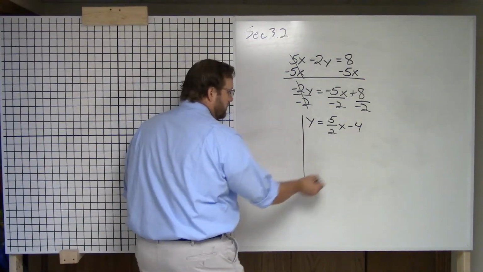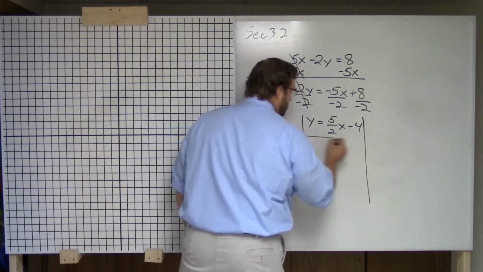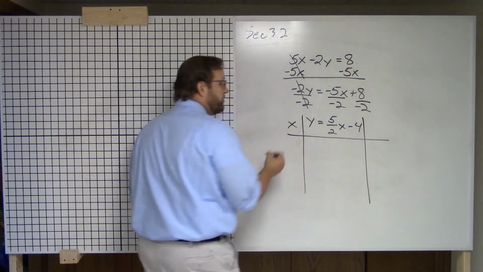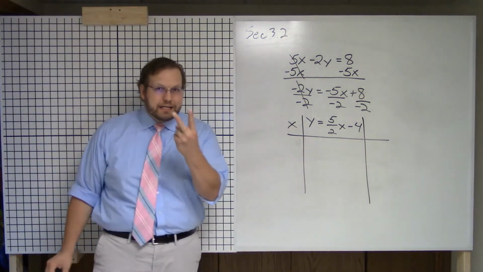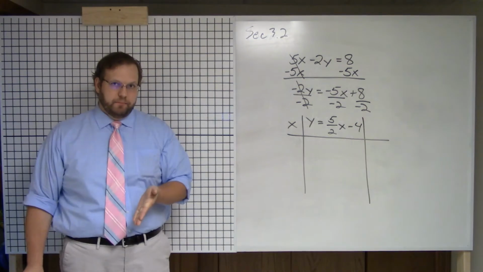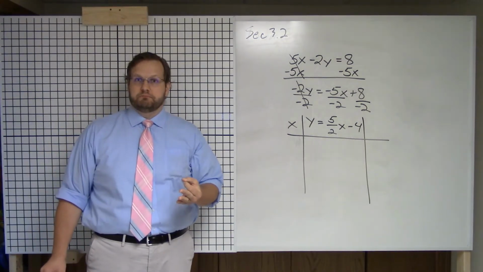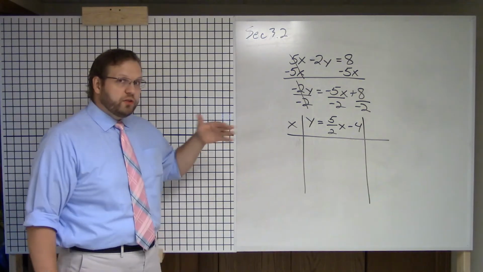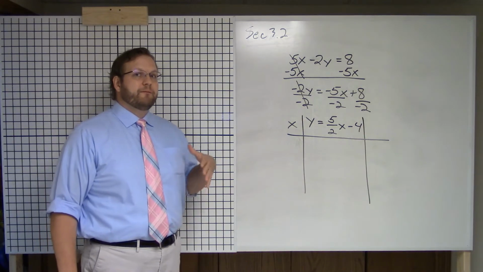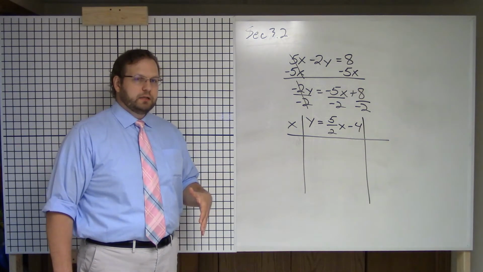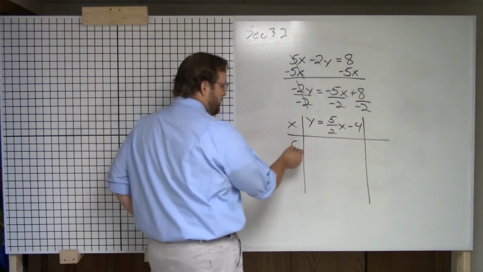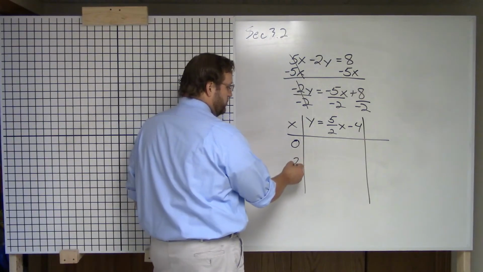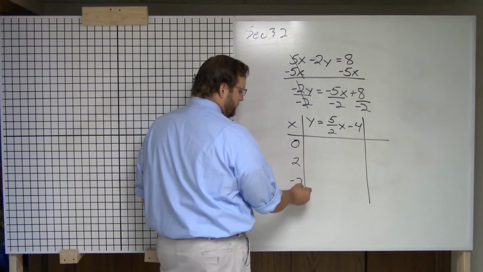Now, I can create my table. I'm going to look for 3 different x values. Again, I need 2 to get a unique line. I do the third as a check. Now, what 3 values would be nice values here? I would say 0, then a 2, then a -2.